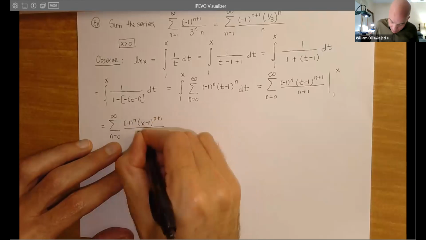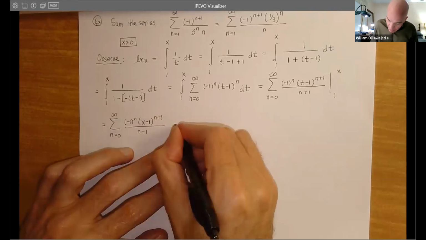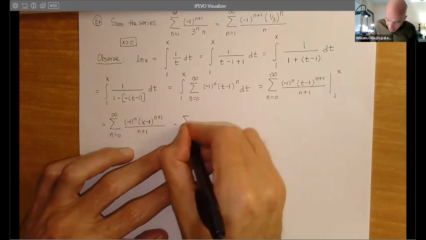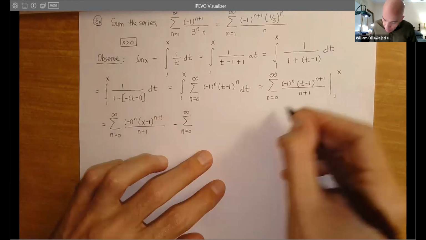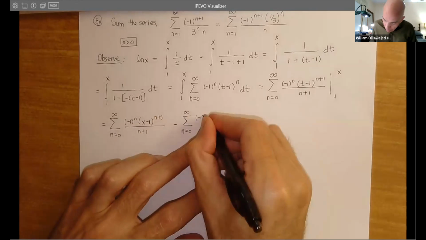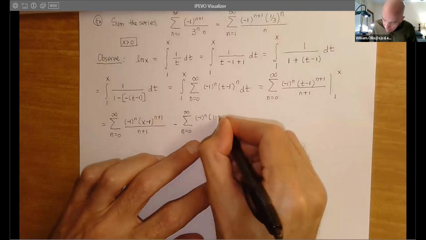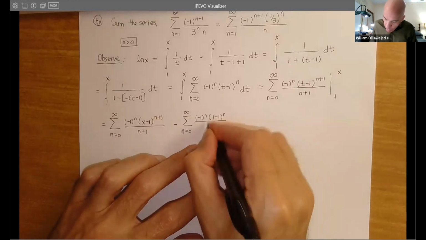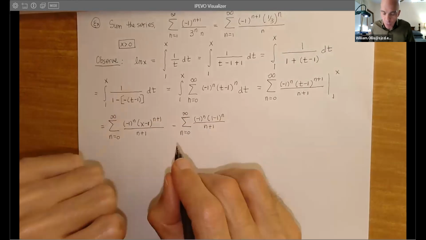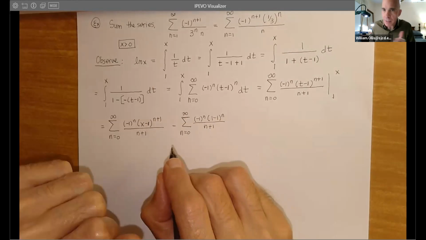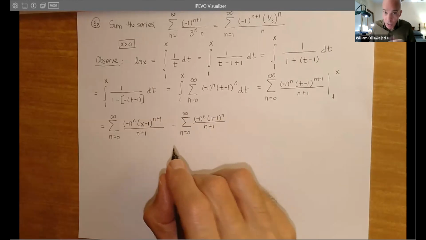over n plus 1, and then minus the series n equals 0 to infinity. So we put in the 1: -1 to the n, 1 minus 1. This just helps us from having to evaluate the constant. I just rig it so we've got a useful value of x from the outset. It works just as well.